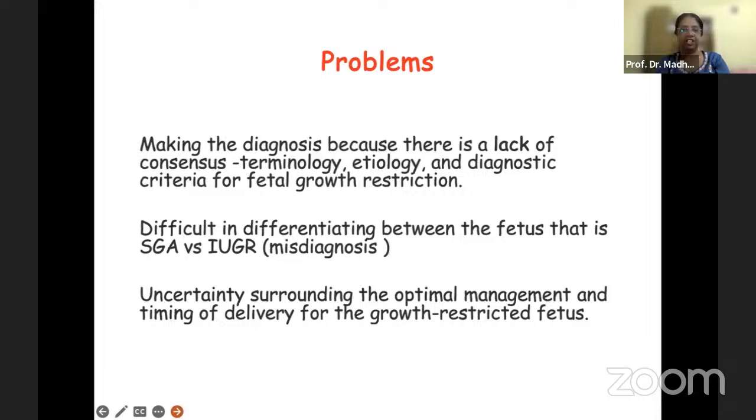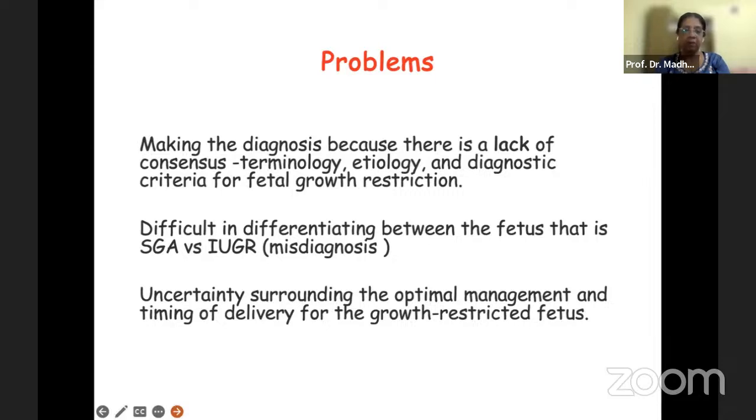What are the problems of IUGR? To make the diagnosis is difficult because there is a lack of consensus. Basically, terminology. What is IUGR? There is a problem in the terminology. Everyone is not agreeing on the same thing. There are a lot of etiologies, and the diagnostic criteria for fetal growth restriction vary.